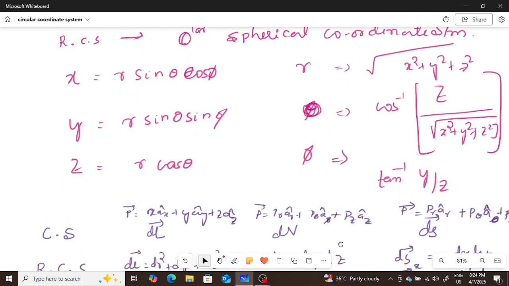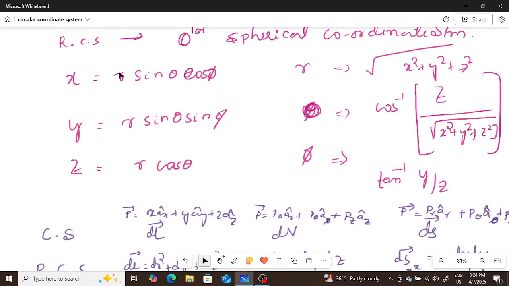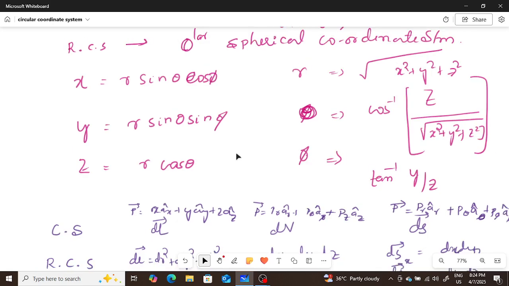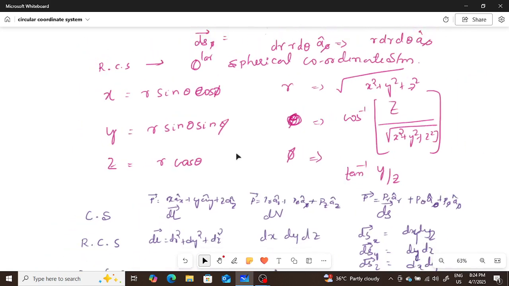For x it is r sin theta cos phi, y is r sin theta sin phi, z is r cos theta. You should write that.